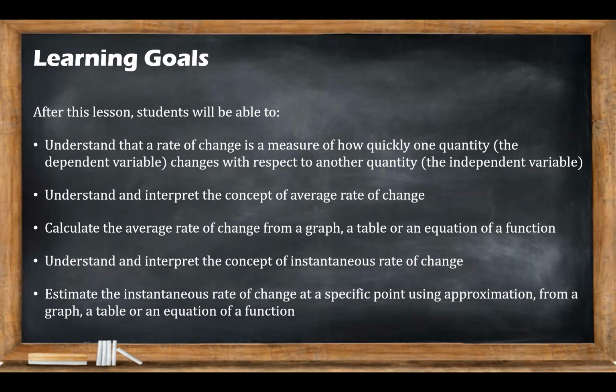Then calculate the average rate of change from a graph, a table, or an equation of a function. Understand and interpret the concept of instantaneous rate of change and estimate the instantaneous rate of change at a specific point using approximation from a graph, a table, or equation of a function. So let's have a look at these key points one by one.